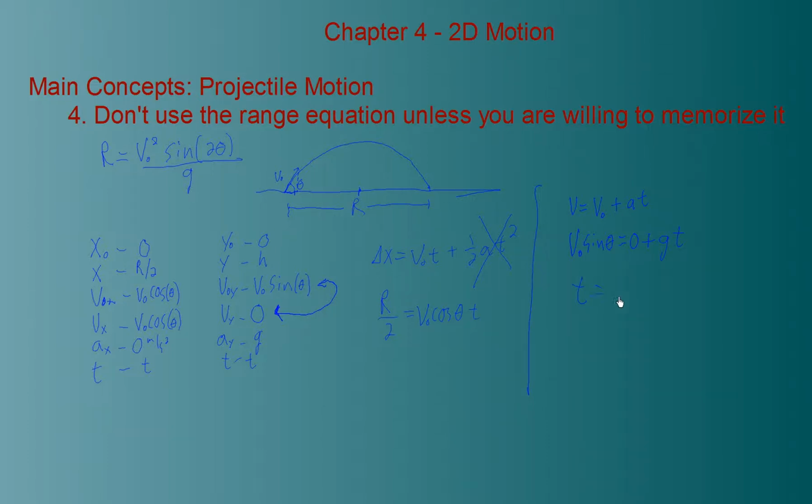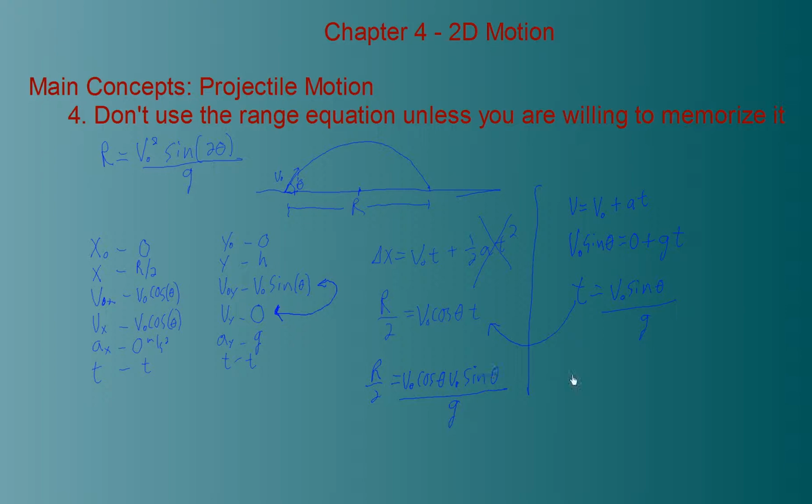T is going to be v initial sine theta over g. I just divided by g, both sides. Take that, put it in here, and you get r over 2 equals v naught cosine theta, v naught sine theta over g. It's starting to look a lot like this up here.